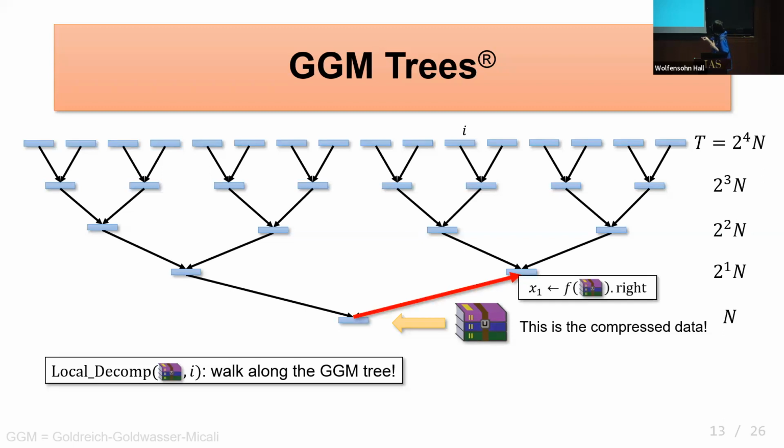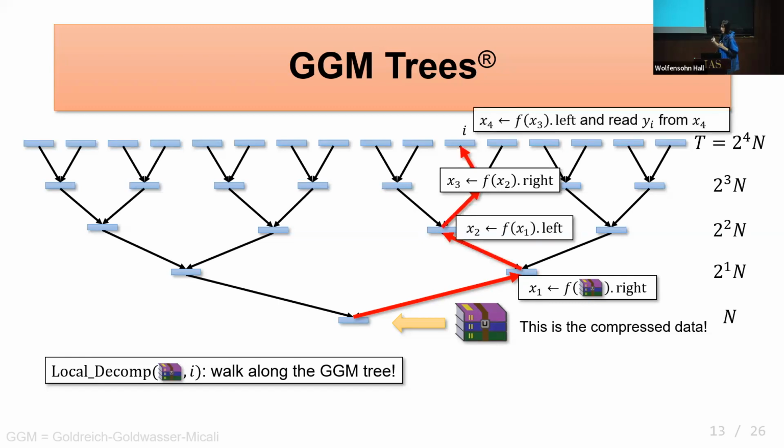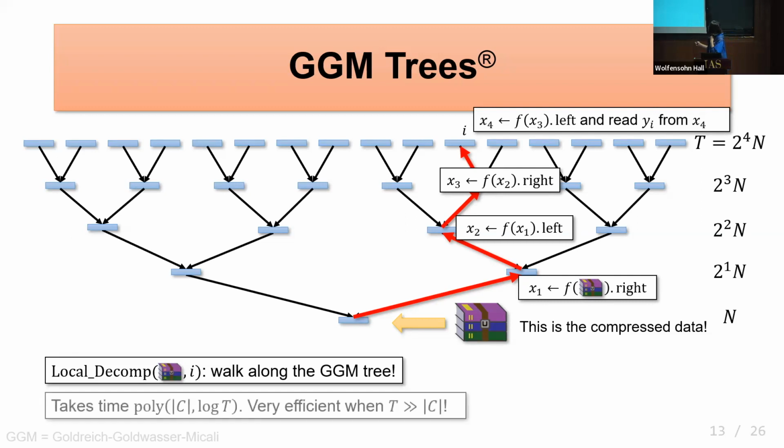We first decompress, and if we know i, then we know which direction to go, and we do it again and again until we reach the ith bit of the original string. So this time is polynomial in the decompression circuit size, but polylog in t. So in our setting, it will be quite efficient.